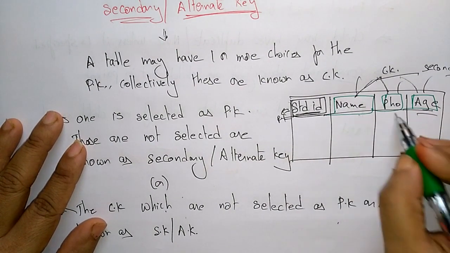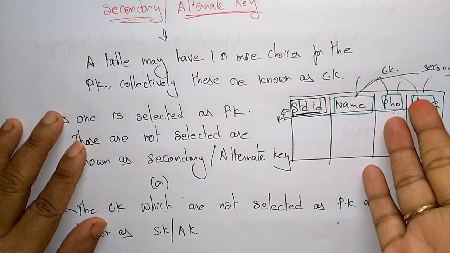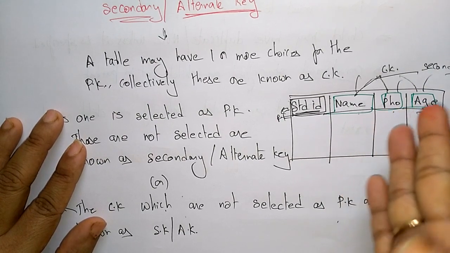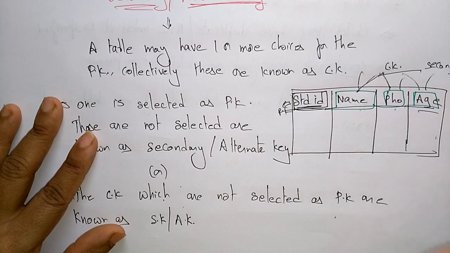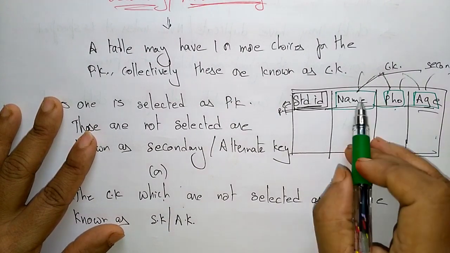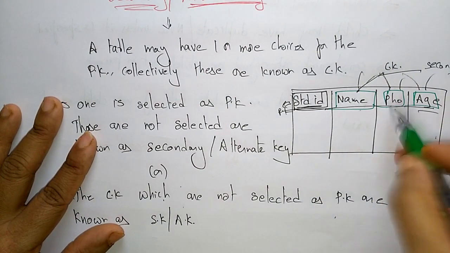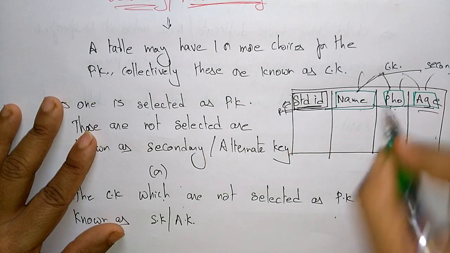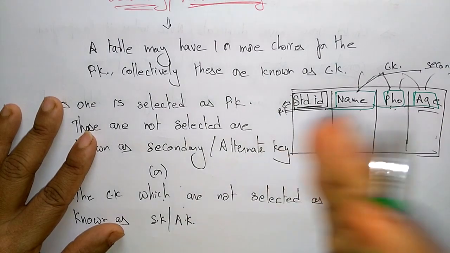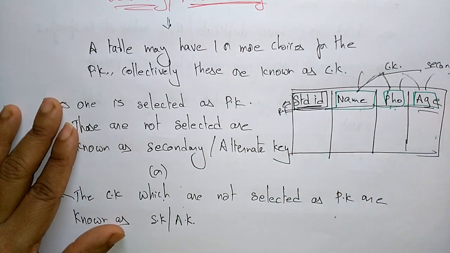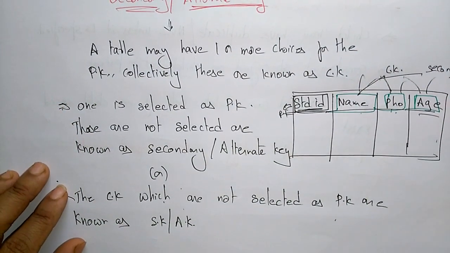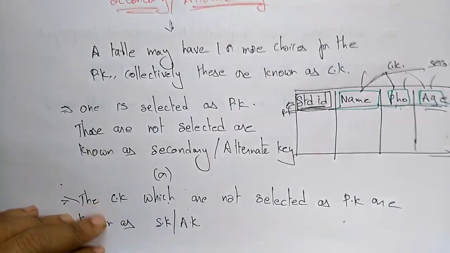In this secondary or alternate key, you are having the candidate key also. Candidate key is nothing but the minimal set of the keys. So here the phone name and the phone number is the candidate key, or simply the phone number is a candidate key. So other than primary key, the remaining attributes, you call it as a secondary or alternate key.